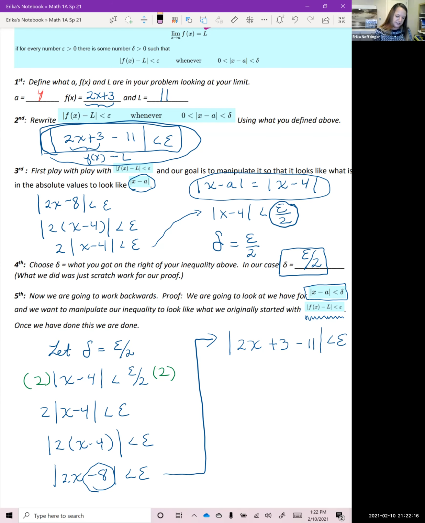And so notice here, this is our f of x, minus, and this is our L. Okay, so as long as we choose delta to be half the distance of what we want to move up from our y value and down from our y value, then we'll always fall within that interval.